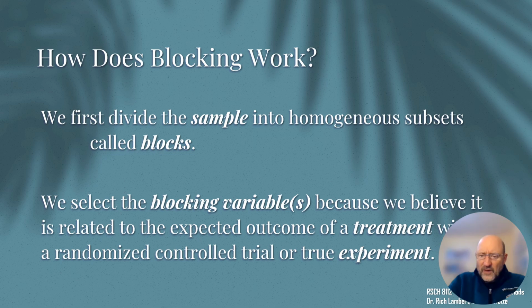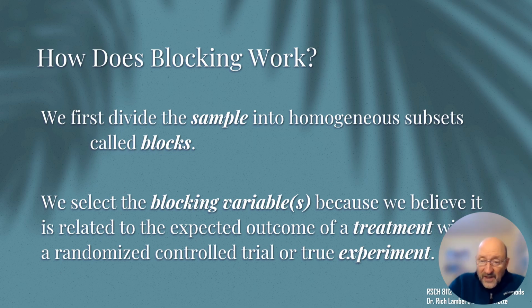So how does blocking work? Well, the way it works is we first divide the sample into homogeneous subsets called blocks. These homogeneous subsets are just like strata, right? They're just subgroups. And they're somehow formed based on variables that you think are important to what it is you're studying.